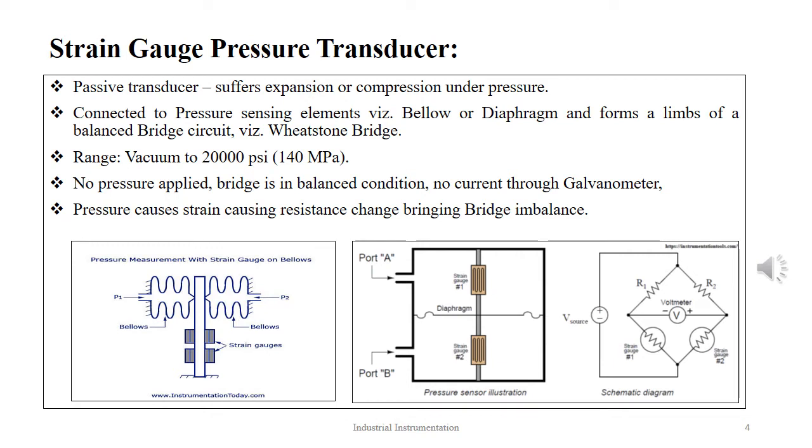But as soon as pressure is applied on the sensing element, the strain gauge comes under either compression or expansion. The strain causes the element to change its resistance value, causing imbalance in the bridge circuit. This imbalance is monitored and the pressure is calculated in terms of electrical output.